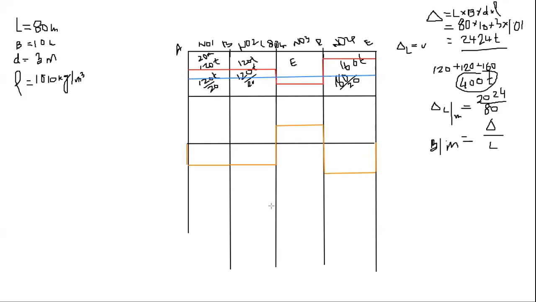Now what will happen here if we draw the shear force diagram? It will be like this. So the shear force diagram you will be having, so once you add this area, what will happen? You'll get a value here, and then this area will be added.